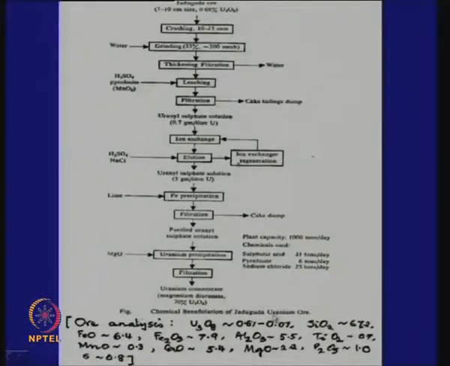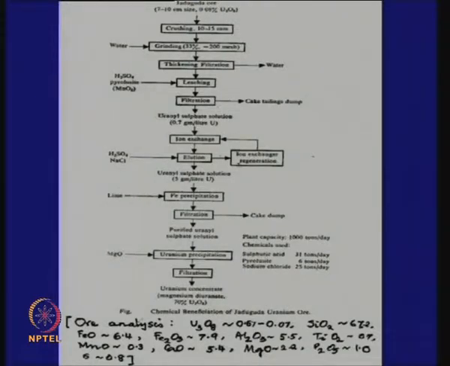For example, I am talking about here the chemical beneficiation of Jaduguda uranium ore. We have in Jaduguda in Bihar ore deposits which contain uranium. There are one or two other places, but they are not yet so important.